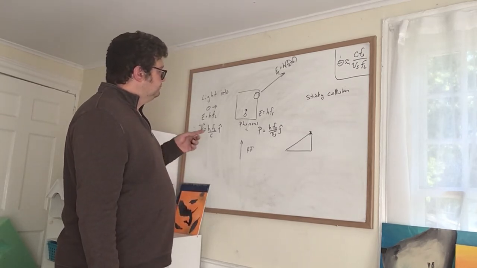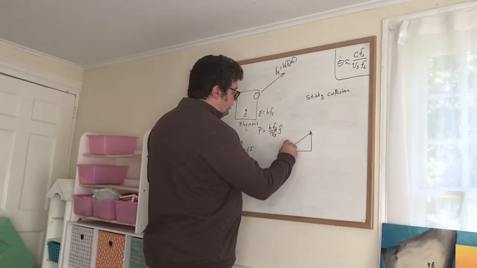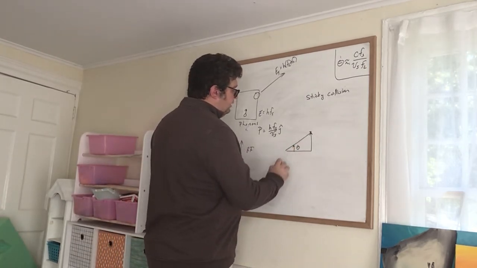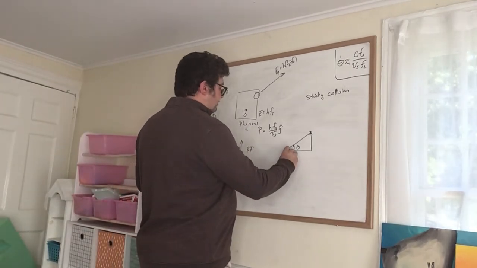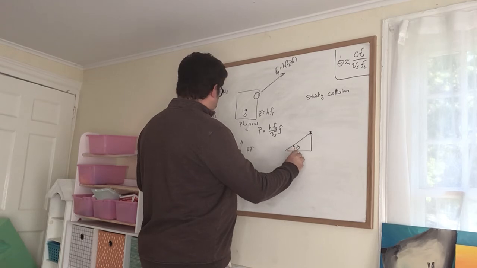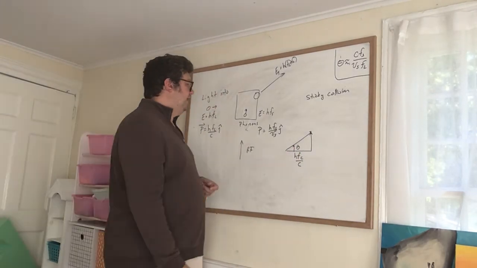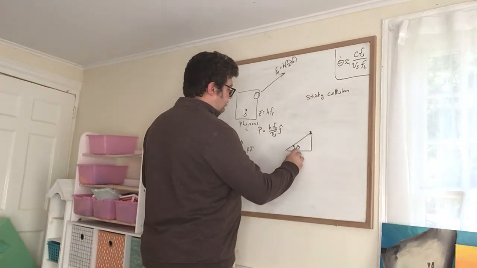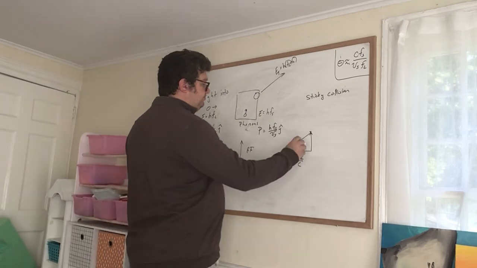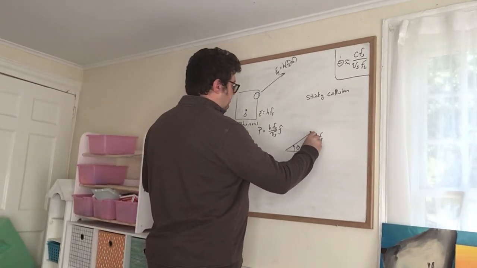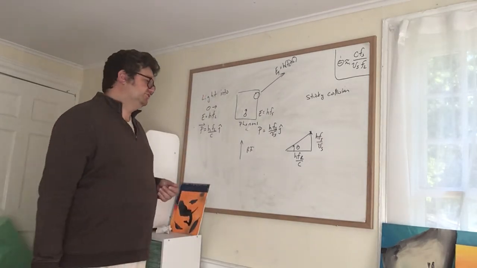But we could use this to find out what that angle is, because I'm going to have a certain momentum in the x direction, given by h f_L over c, and I'm going to have a certain momentum in the y direction. And I can use them to find what that angle is.